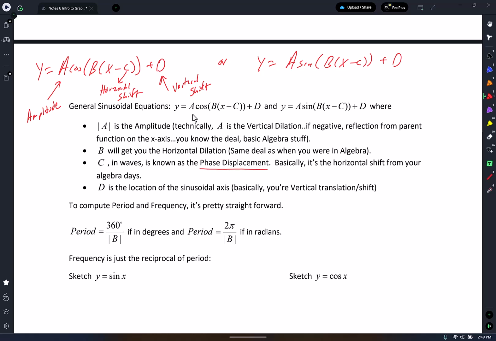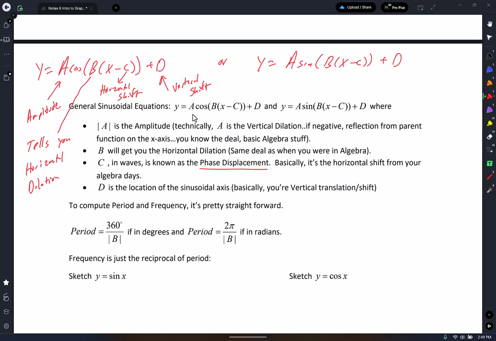And then the B, not directly, tells you horizontal dilation. And we might have to do a quick lesson on that. Maybe next time we meet, we'll do that really fast.